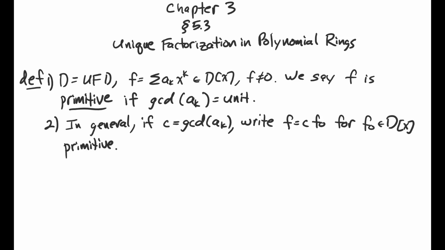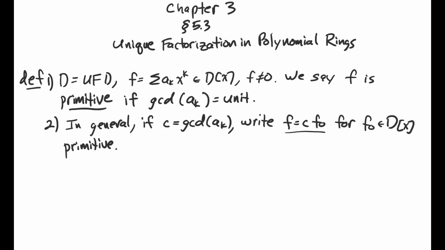All right, in the general setting, there might be a greatest common divisor. So given f, find the greatest common divisor of the coefficients, and then factor it out. So you can write f as c times f naught. Of course, since you factored out the greatest common divisor, the coefficients in f naught won't have a greatest common divisor other than 1.